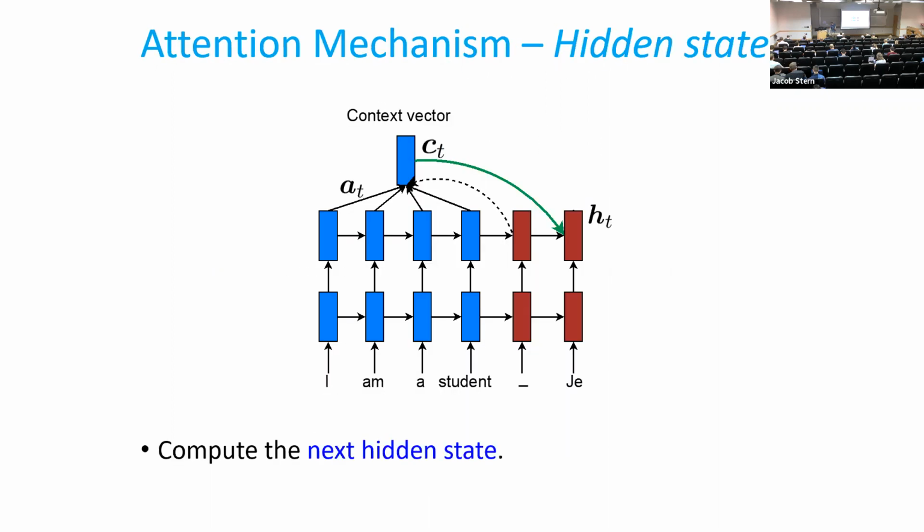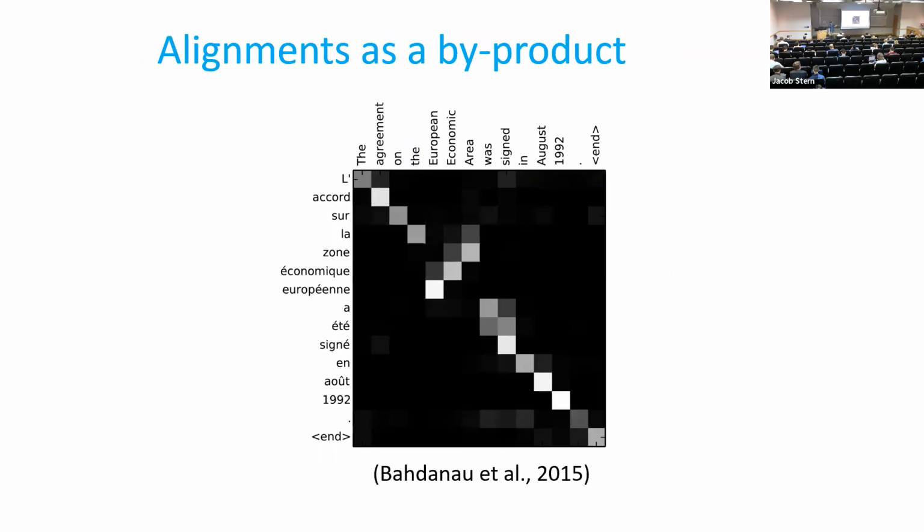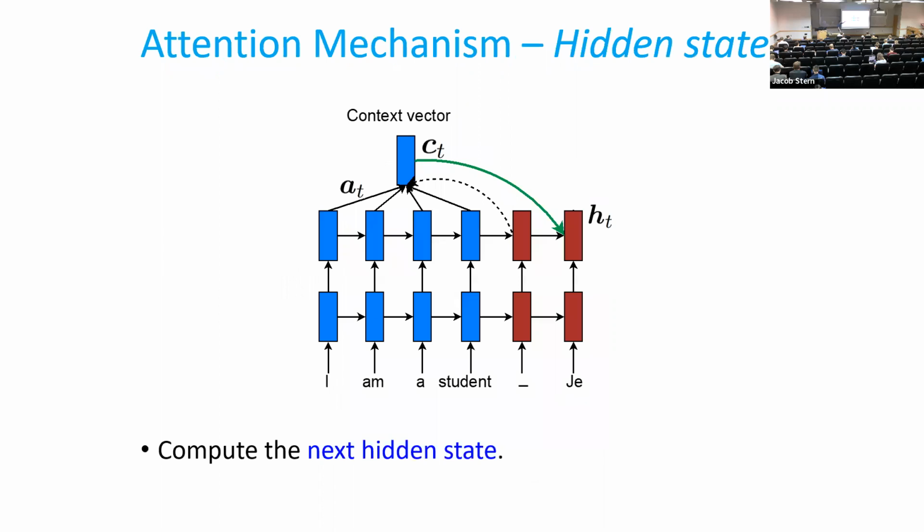So in this diagram, let's say N1 is the number of French words and N2 is the number of English words. Then there are N1 blue vectors and N2 red vectors, okay?